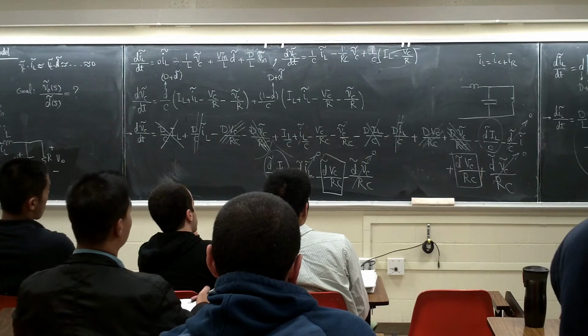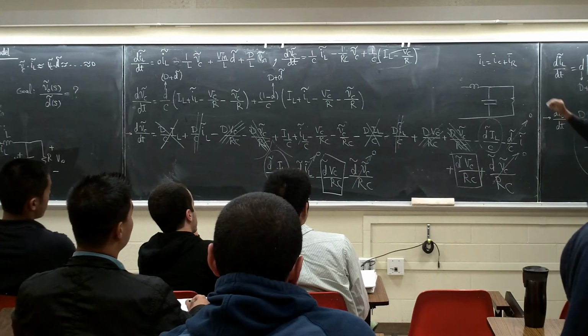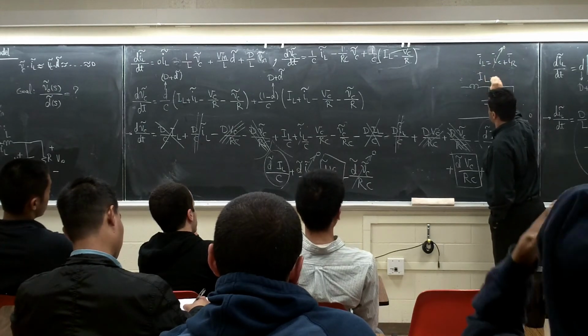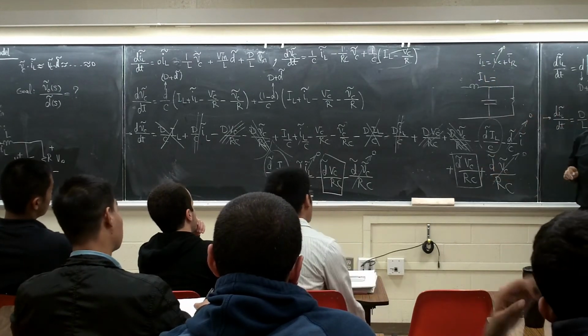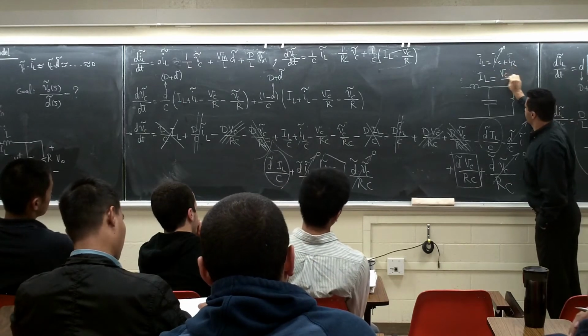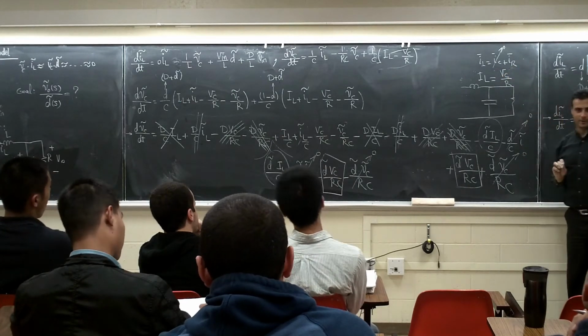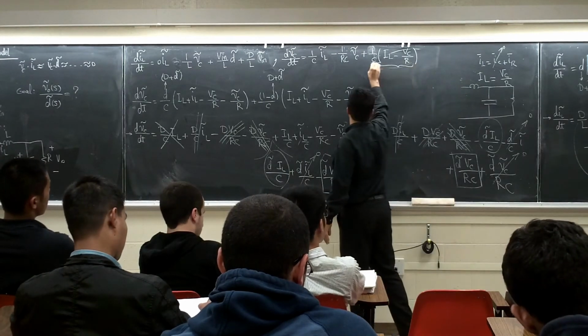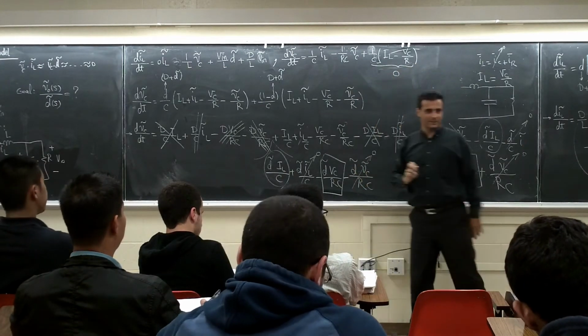How much is the IC average? Zero. How much is the IL average? Is IL, right? How much is the IR average? DC over R, right? So how much is this term? Zero. This term again is 0.